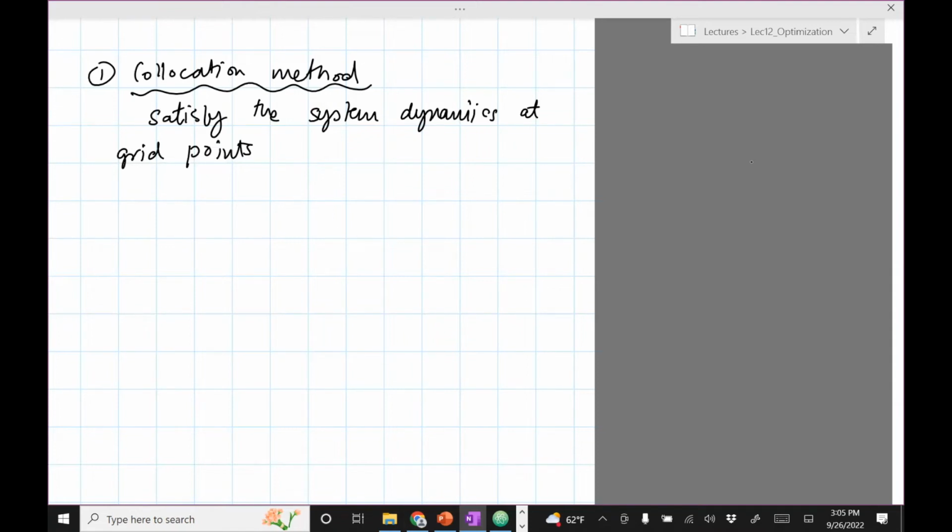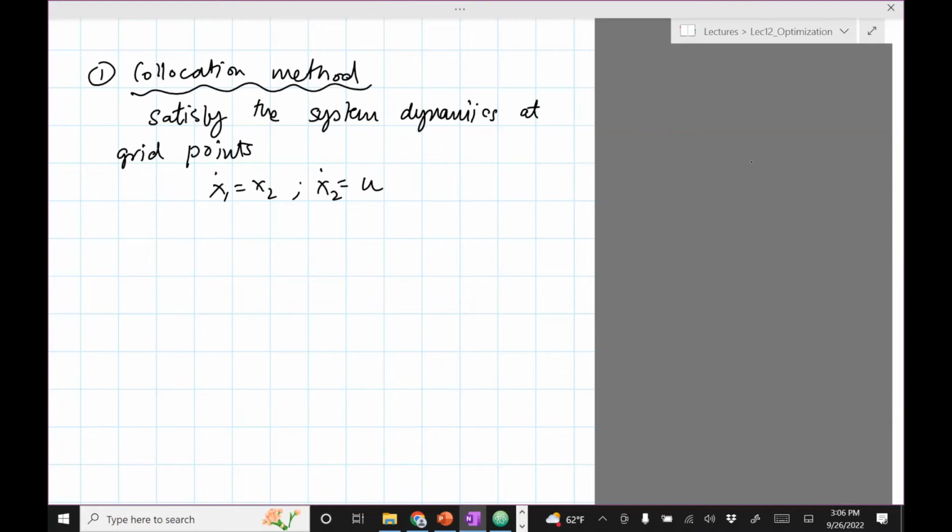What I mean by that is we have this equation x1 dot equals x2 and x2 dot equals u. We'll discretize these equations and then try to satisfy those equations at grid points. That is the main way in which we would distinguish collocation from shooting. In shooting, we'll basically integrate the equations. We'll satisfy those equations more exactly than we do with the collocation method.